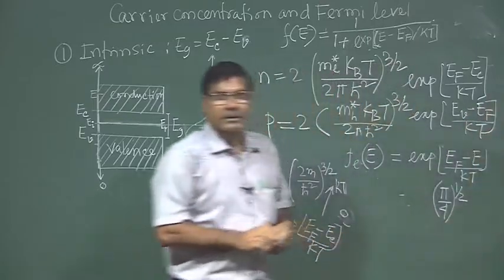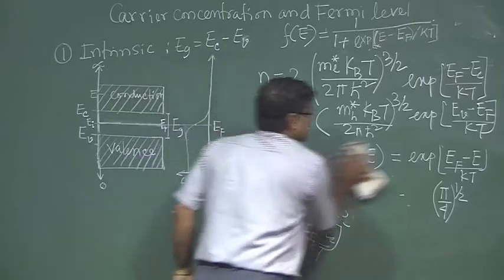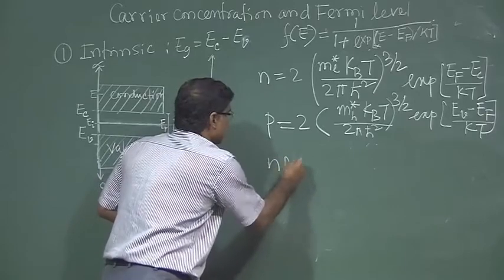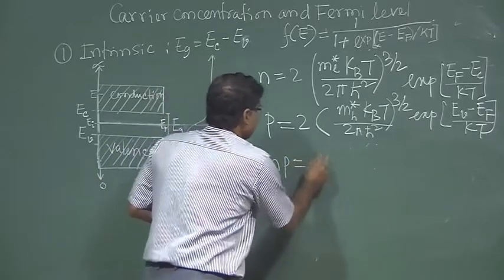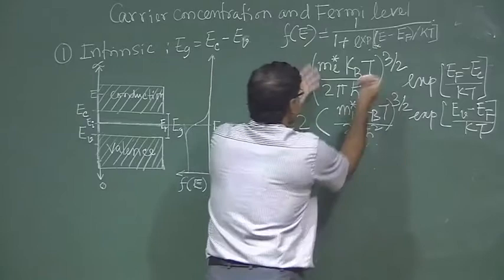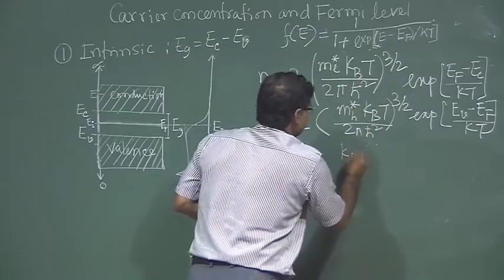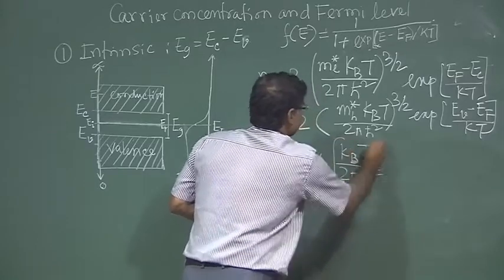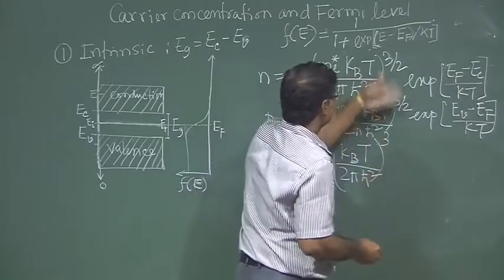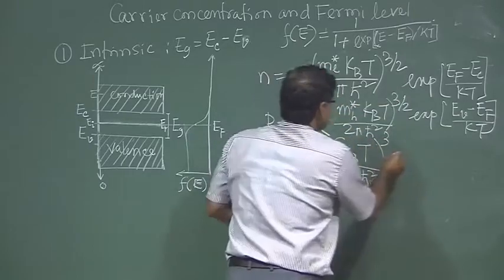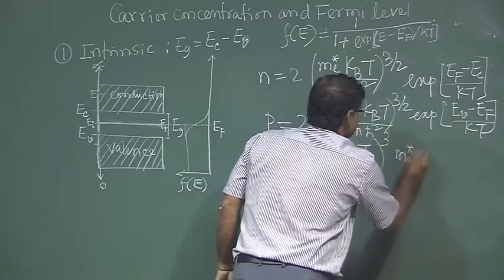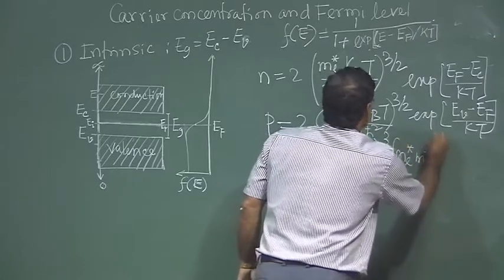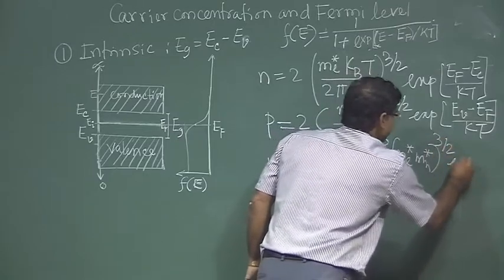Here, if you take the product of n and p, what will you get? You will get 4 times (kBT by 2 pi h cross square) to the power 3 by 2, times (me star mh star) to the 3 by 2, and this exponential.